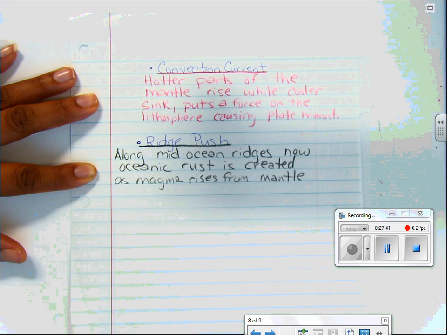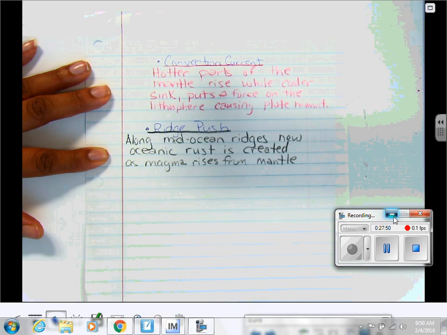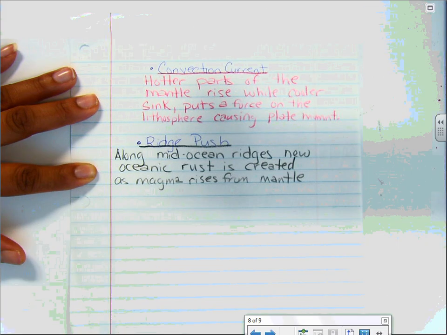If that magma is rising from the mantle, in order for it to get out of the lithosphere or out of the crust, what must happen to those plates? They got to move. They got to get out of the way.